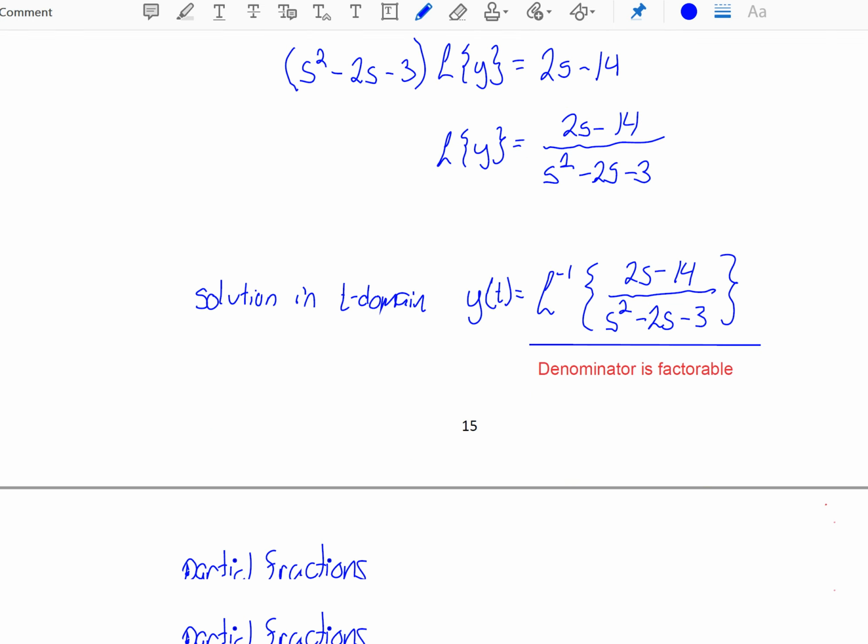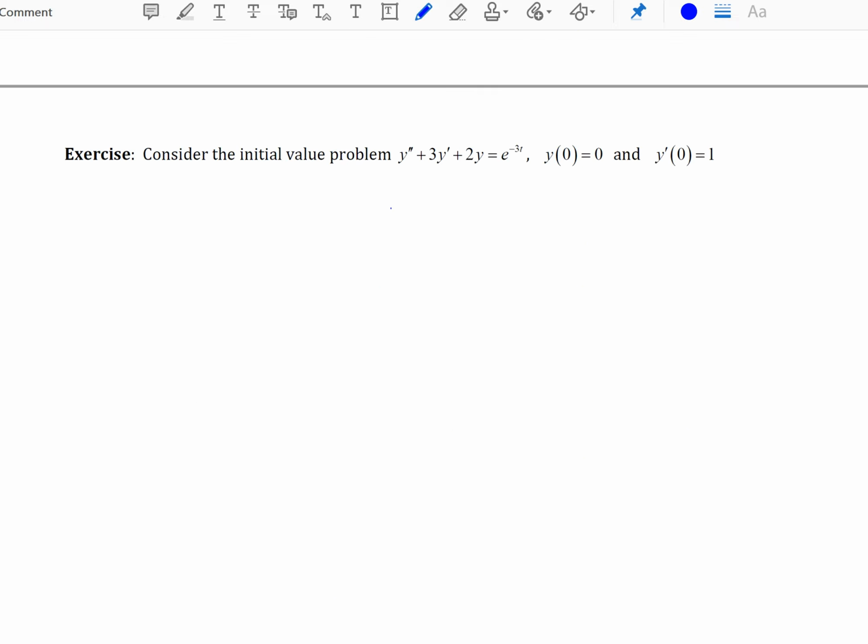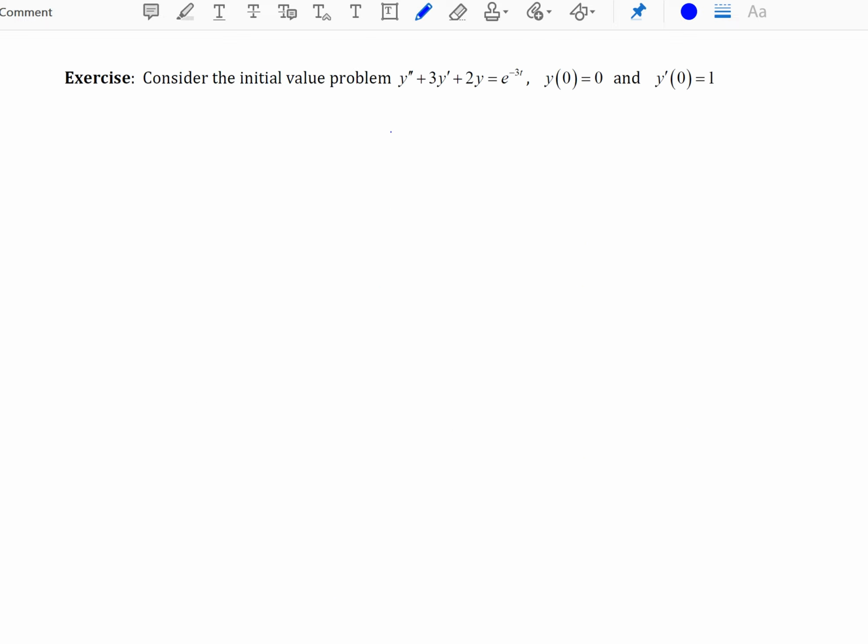So let's work on our next example. Here we apply the Laplace transform to the left-hand side of our differential equation, and the right-hand side.